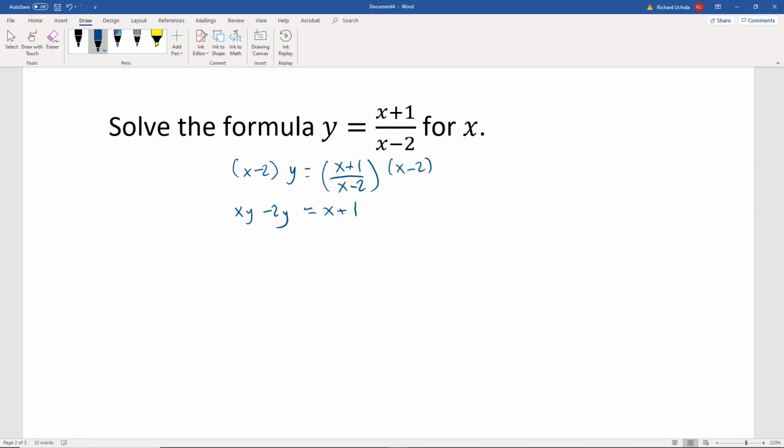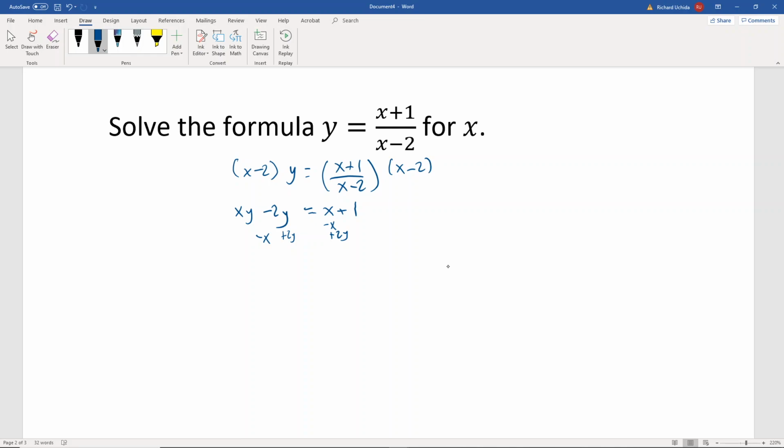So right now we have the formula xy minus 2y equals x plus 1. Again, we're trying to solve for x. That means we want to get everything with x on one side, everything else onto the other side. So I'm going to subtract this x from both sides of the equation, to get everything with x onto the left-hand side. And I want to get this 2y term onto the other side, so I'm going to add 2y to both sides.